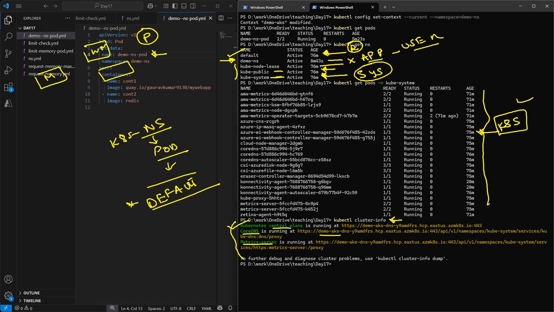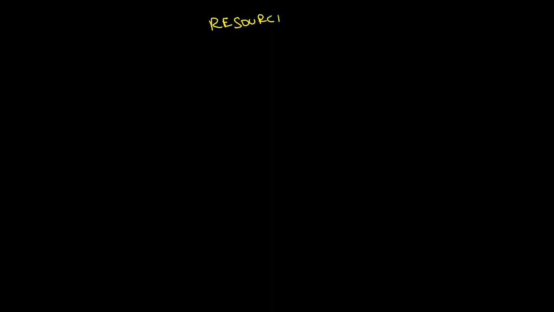So the next topic which we are going to discuss is resource quota. So what is the exact meaning of resource quota? As we have discussed, we are able to create a namespace. And once we create a namespace, it provides a logical boundary within our Kubernetes cluster.